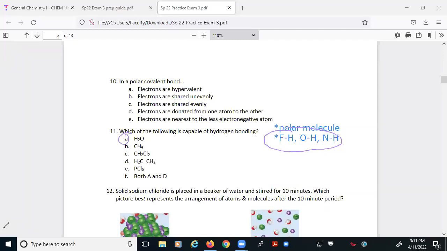So from a logical standpoint, there could only be one correct answer here, unless there's no correct answer. And we know that water is capable of hydrogen bonding. We know how polar water is. We've talked about it endlessly for the past month or so.